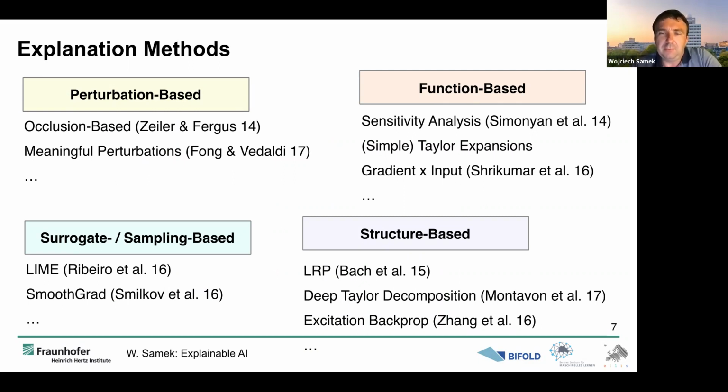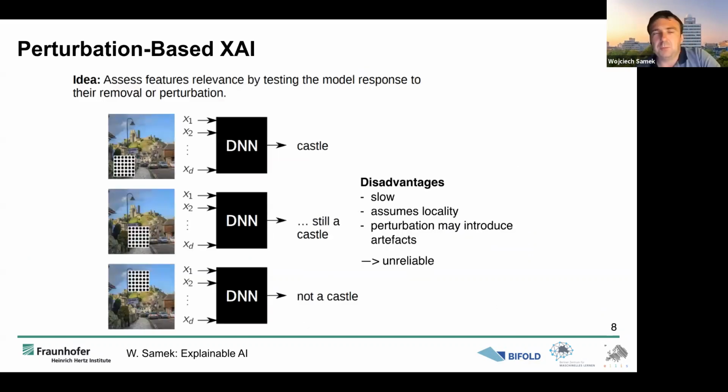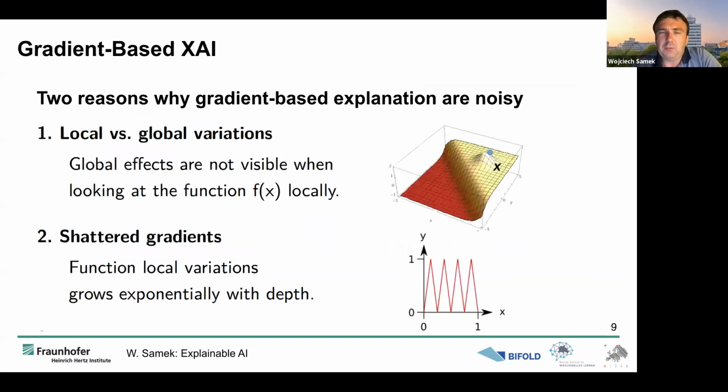And many explanation methods proposed in the literature use gradients. You can very easily compute the gradient of your function. Therefore, it's very efficient compared to perturbation-based. It's much more efficient. But especially when it comes to deep neural networks, gradient-based explanation methods have been shown to have certain disadvantages.